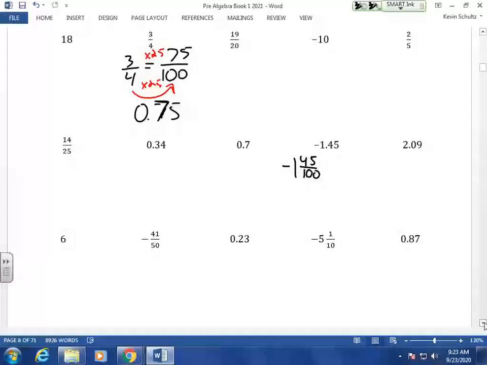Okay? We still have that negative 1 whole out in front, and then we have the part, the 45 hundredths, afterward. Of course, we do need to simplify. So what can we divide both 45 and 100 by? What's the greatest common factor? Any new folks that want to join in the conversation, haven't participated yet, but just dying to get involved?